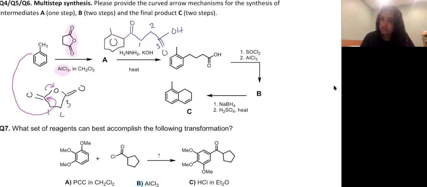And then you get this intermediate. So now that you have that, you're doing a two-step reaction with SOCl2 and then AlCl3.